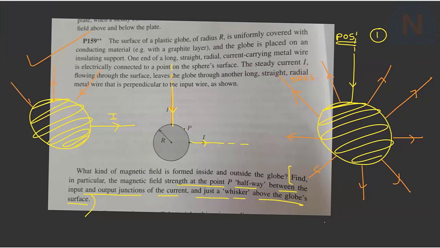So the problem stays intact. It is coming from infinity, convergent towards the center, and then it comes out. Just add these two combinations, and you will get the original flow of current. So nothing will stay outside. This was just a hypothetical way of explaining the same.